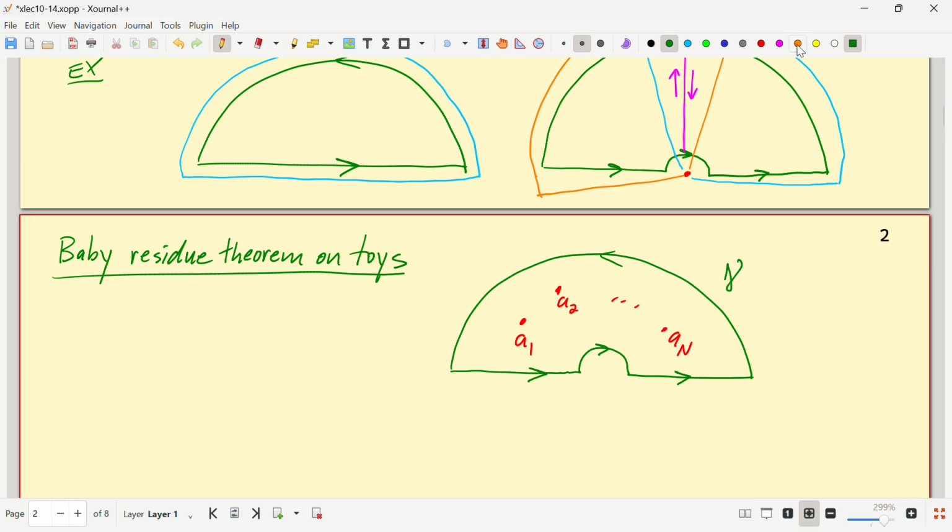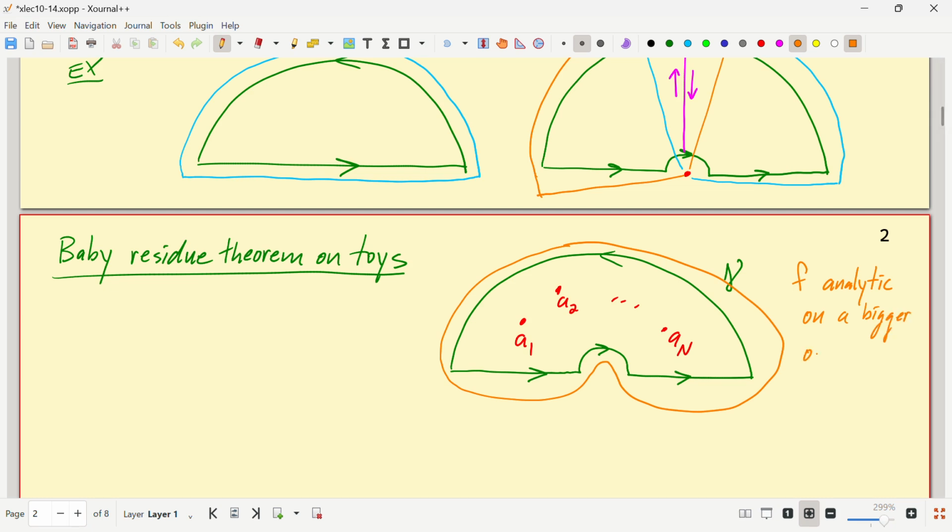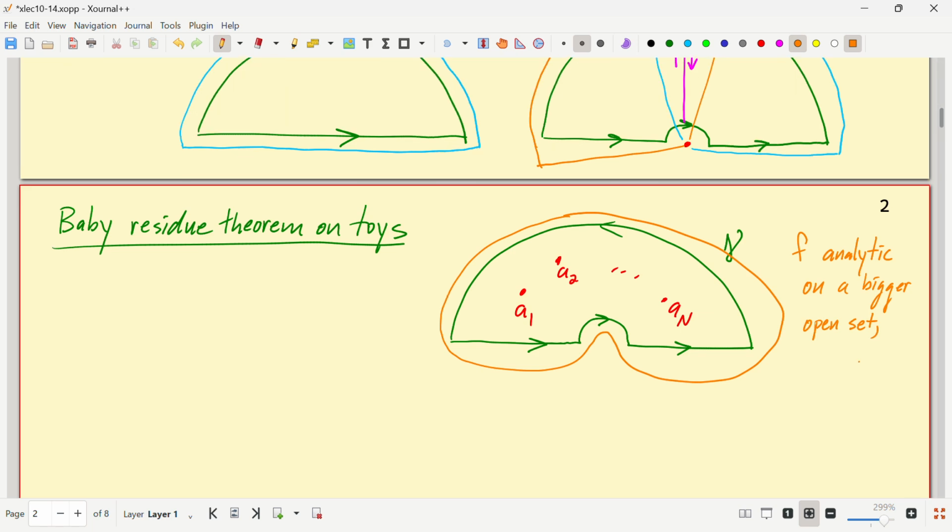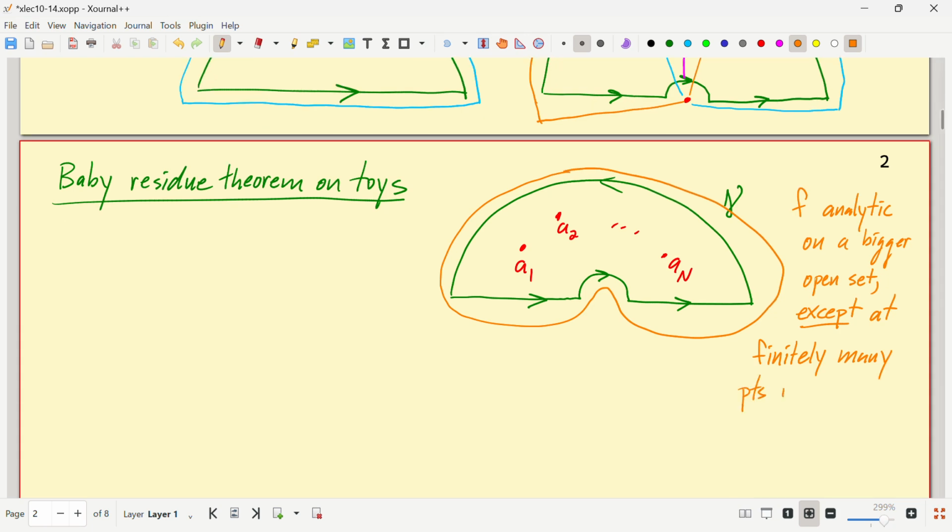And so I'm going to assume that f is analytic on a bigger open set, so maybe it goes like that, except at finitely many places inside gamma where it has poles.